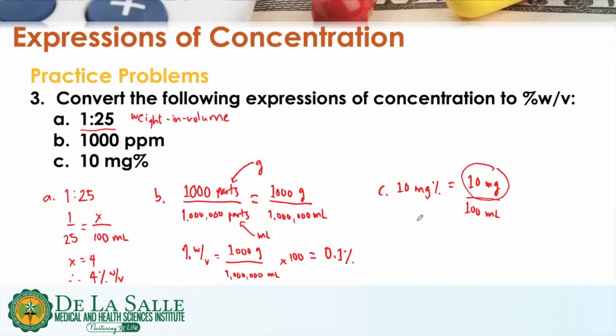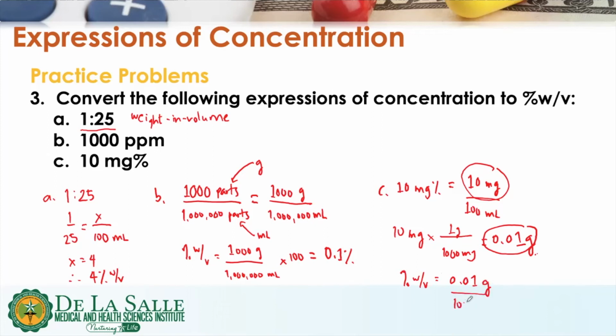So 10 milligrams times the conversion factor, that is 1000 milligrams for every 1 gram. This is equal to 0.01, because 10 milligrams are equivalent to 0.01 gram. Then the percent weight in volume is equal to 0.01 gram per 100 mL times 100. So it's the same as 0.01%.